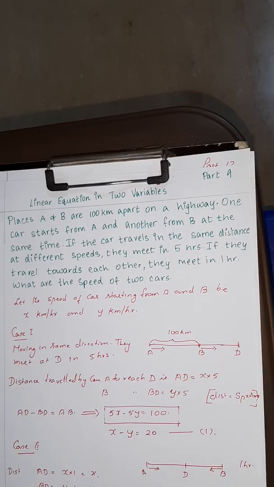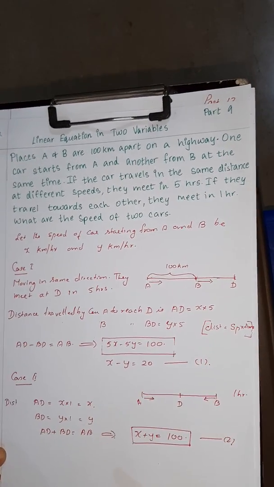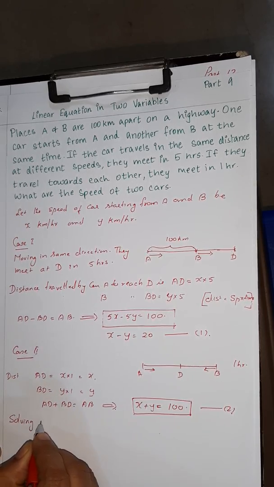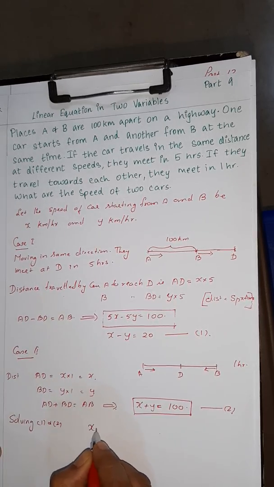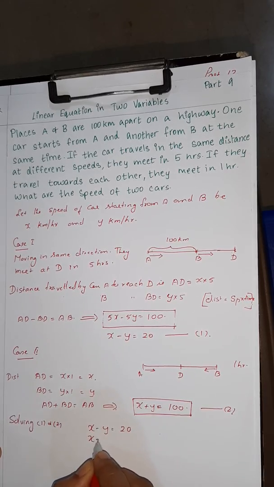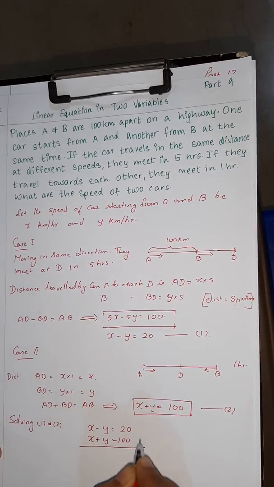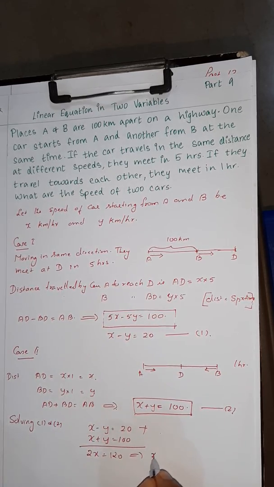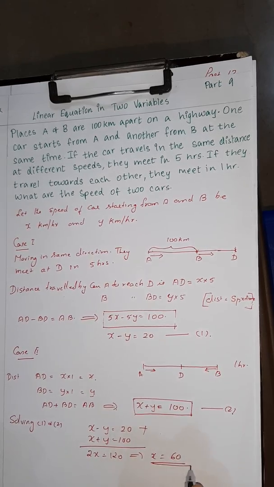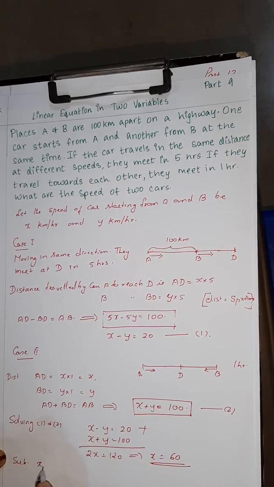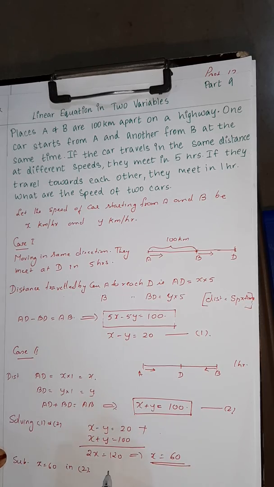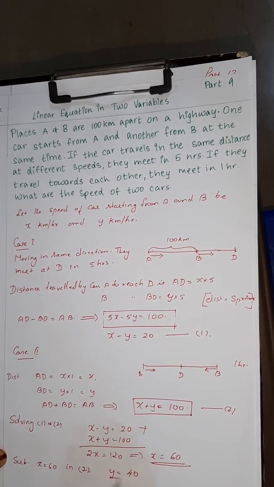Solving 1 and 2. x minus y equal to 20, x plus y equal to 100, adding, 2x is equal to 120. So, x is equal to 60. Substituting x is equal to 60 in equation 2, we get y is equal to 40.